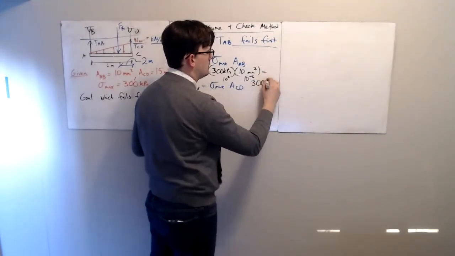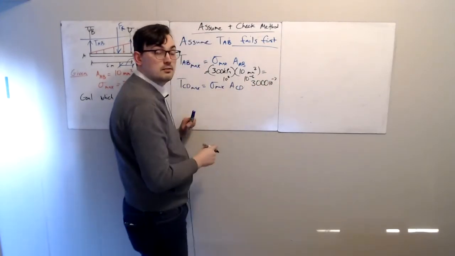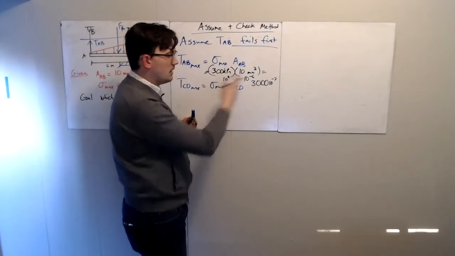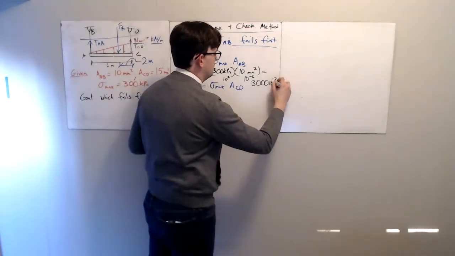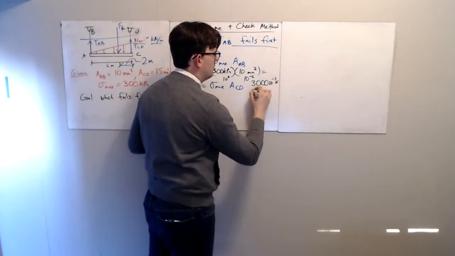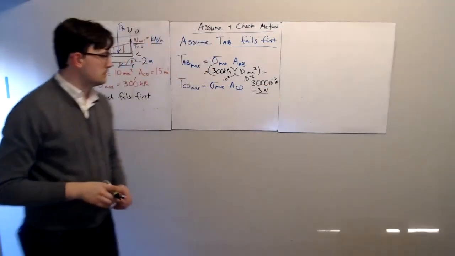That's 3,000 times 10 to the negative third pascals multiplied by area, which is going to be in newtons. So this would be 3 newtons, because the 10 to the negative third and those 3 zeros would cancel out.